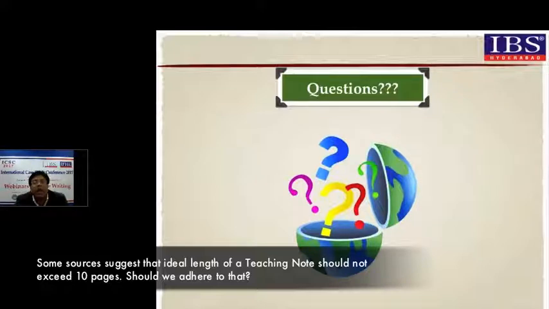Some people may ask you that, say that our ideal length for a case teaching note is 10 pages. Now that is case specific, and it also has a lot to do with your choices, how comprehensive you want the case to be, because there are some professors from INSEAD who are not only developing a teaching note but also a microsite for the case.